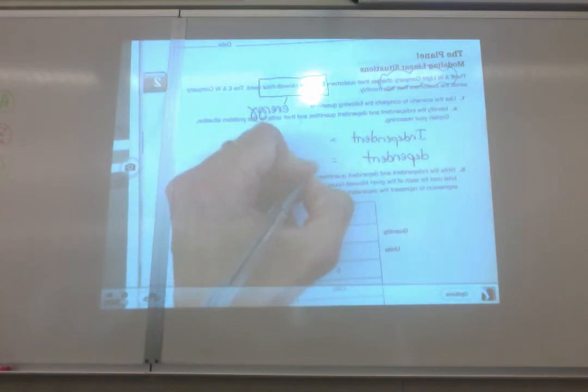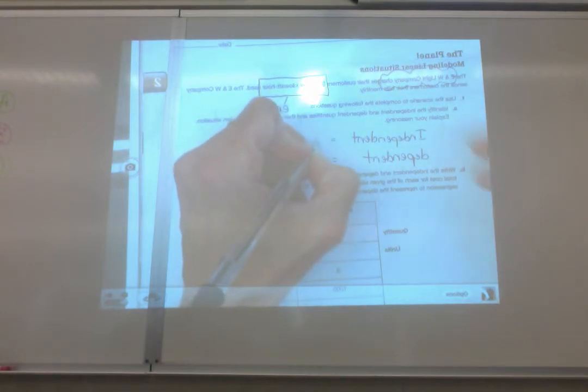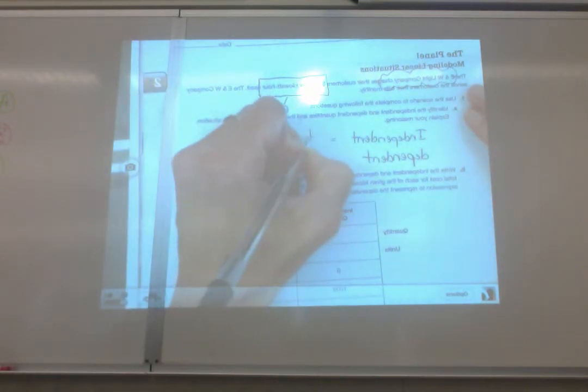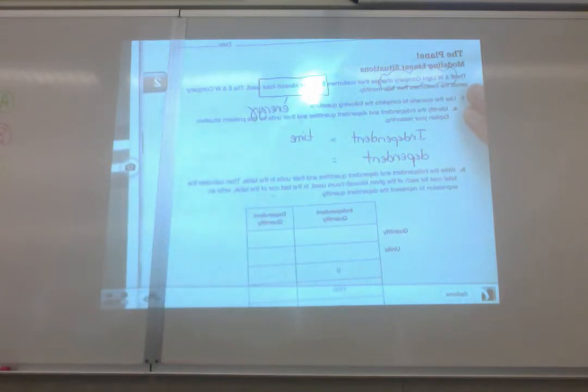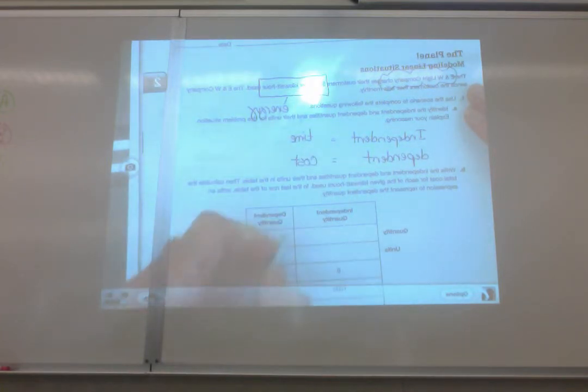The independent is the time. Time or kilowatt hours, which we'll call time. It's kind of time. And the dependent is the bill. Is the bill or the cost. Okay, so dependent is cost measured in dollars, and this one it's more than time. It's the electricity used in that amount of time.